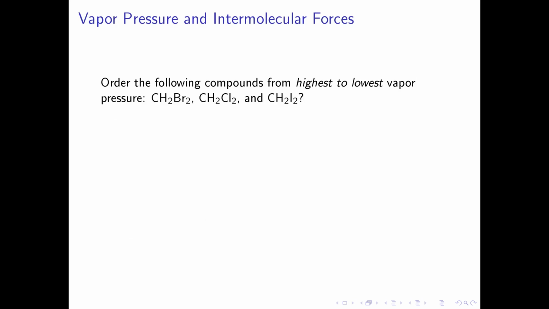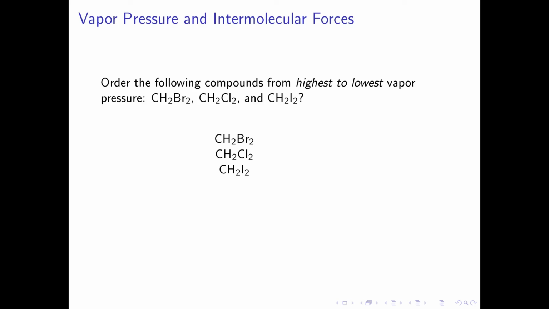As our final example, we are going to order the following compounds from highest to lowest vapor pressure. The compounds are CH2Br2, CH2Cl2, and CH2I2. Even though each of these molecules is polar, it turns out that the dispersion forces are the most dominant forces.